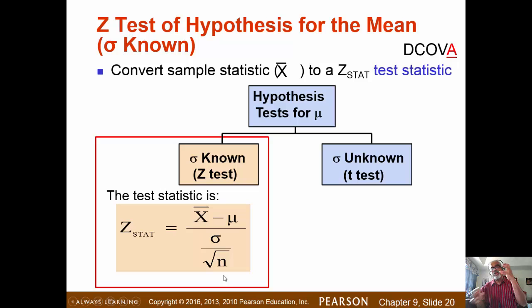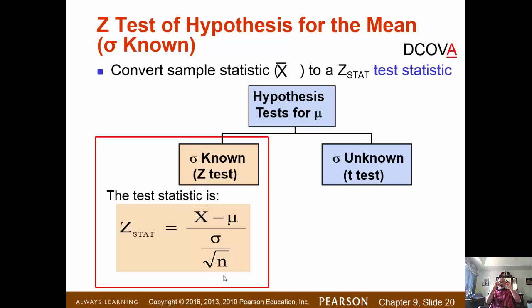So you're now taking x bar and converting that x bar into a z score. Remember z score from way back, where z score for x is x minus mu over sigma. Now here, since we have x bar and not x, you divide x bar minus mu by the standard error of x bar, then you get a z score, and that is z stat.